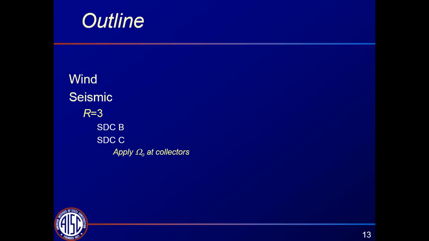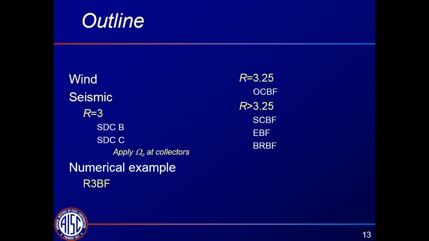Then we'll do a numerical example and try to solidify what we've done in the first half of the webinar. Then we'll turn our attention to the higher R systems. We'll do the ordinary concentrically braced frame, which is just slightly different from the R=3 braced frame. And then we'll spend quite a bit of time on the more ductile systems, the special concentrically braced frame, eccentrically braced frame, and buckling restrained braced frame.